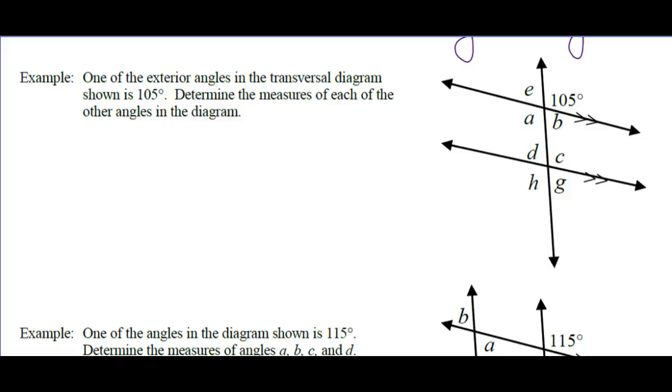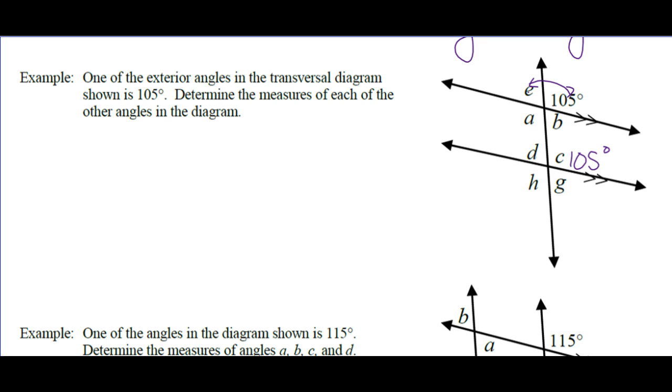So this angle and this angle are exactly the same, right? How do we know? They are corresponding. Corresponding says they're in the same place, so they're going to have the exact same measure, as long as these lines are parallel, right? So this is 105 degrees. What's this? 105. What do these two make? 180.